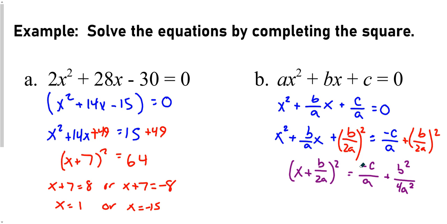Okay, now the next thing I'm going to want to do that will also be mighty helpful to us is to actually combine this into a single fraction. In the same way that I took those two things and added them together, the 15 and the 49, to get a 64, these, although they are expressions, I can add them together by using a common denominator.